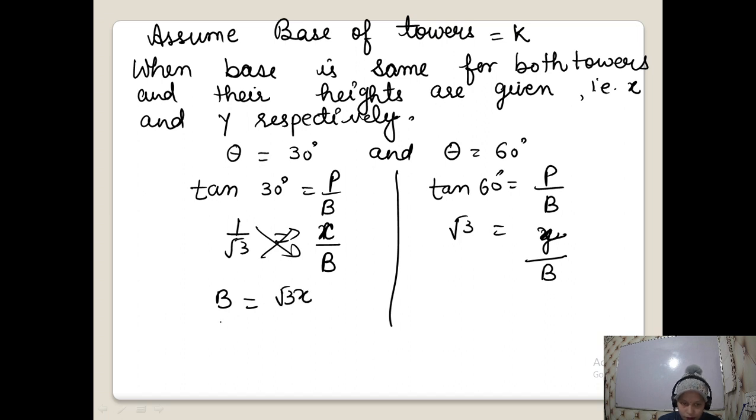You can write, instead of B, k is equal to root 3x. That is your first equation.